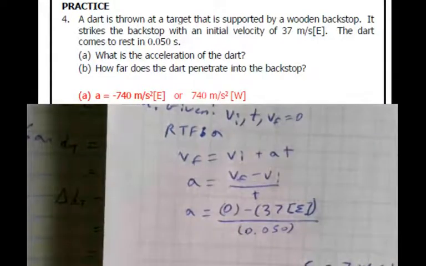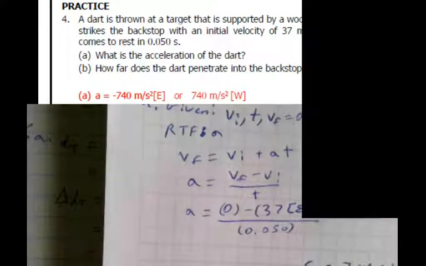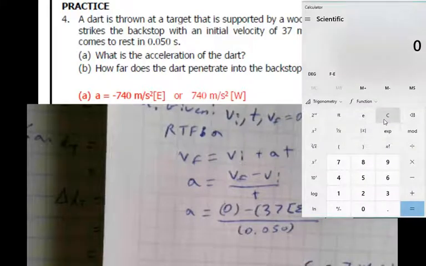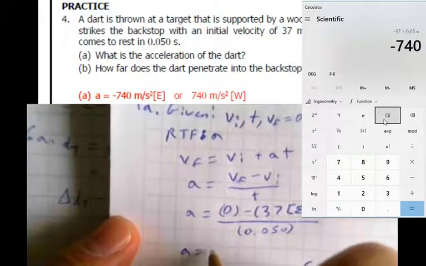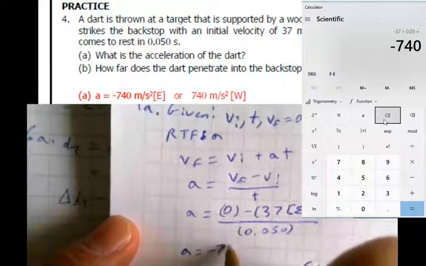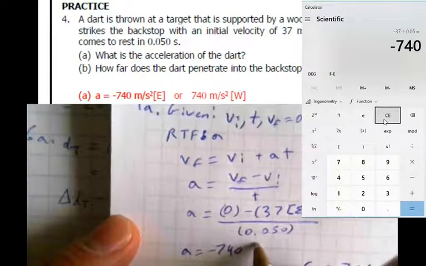Well, if I put this in my calculator, I will have a negative solution. So we'll see here that negative 37 divided by 0.050 is negative 740. So A equals negative 740, and that would be in the east direction.